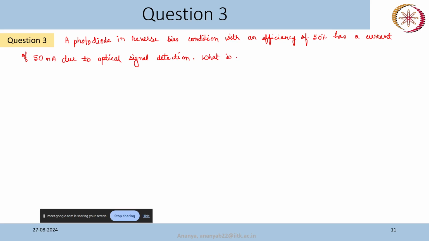What is the minimum power of incident light with 100 terahertz frequency?